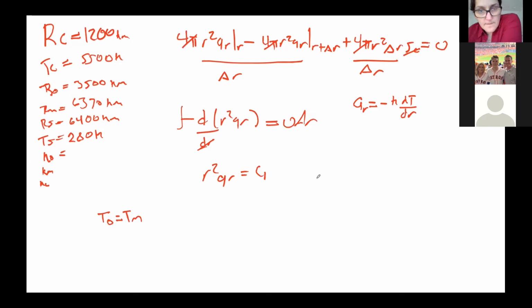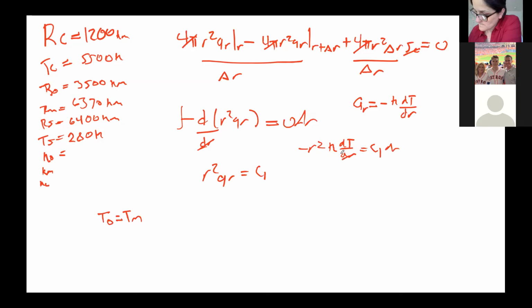And then, given this constant, if we sub in Q_r being equal to negative K dT/dr, K is different in different materials. So on one side you have one K, on the other side you have the other. So that would work out to r squared K dT/dr being equal to C1.